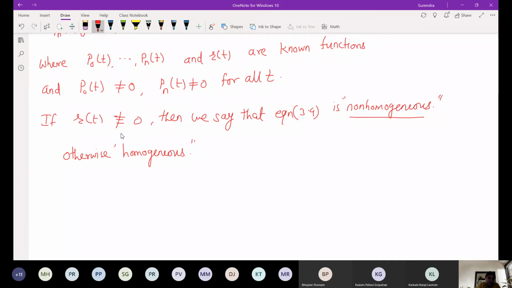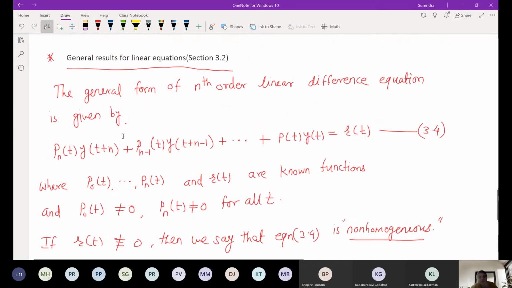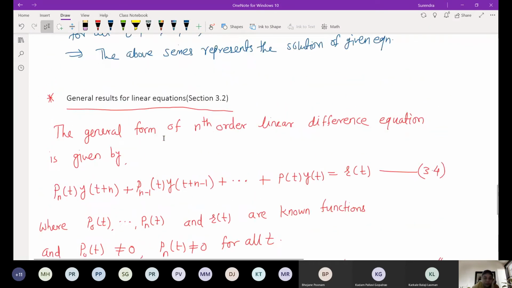So we usually write the homogeneous equation in the form of u.